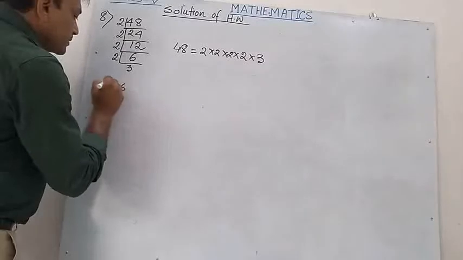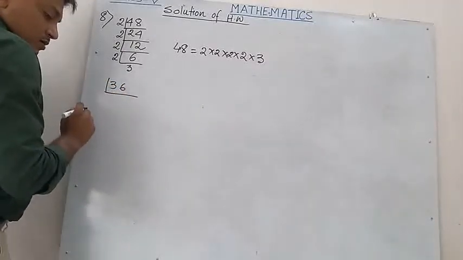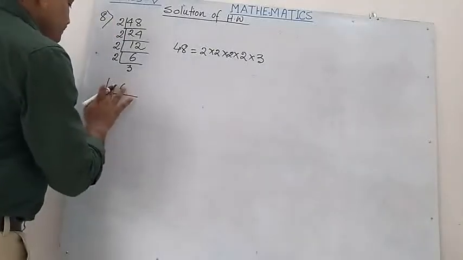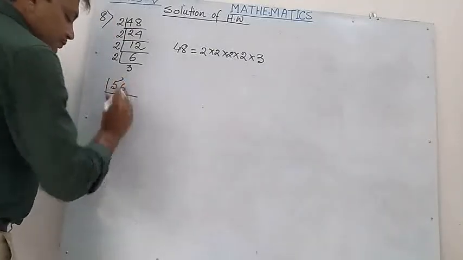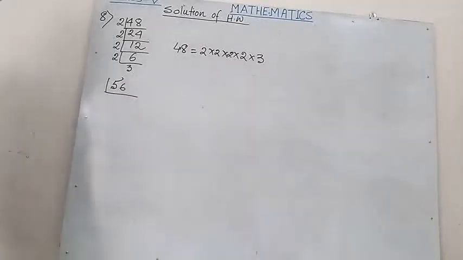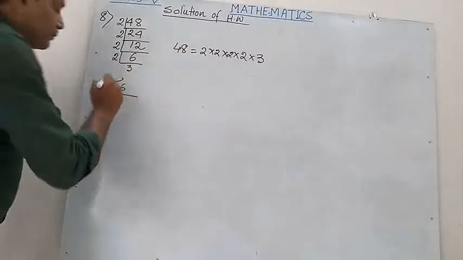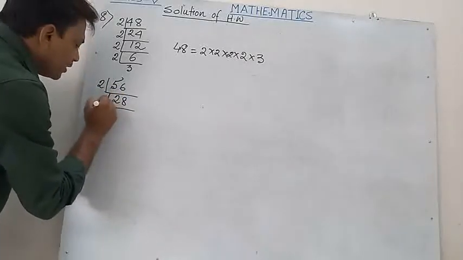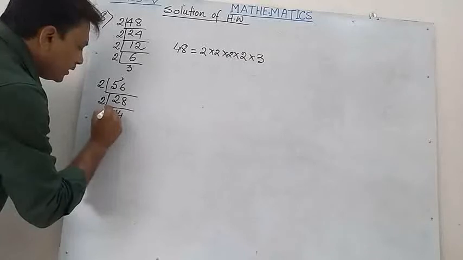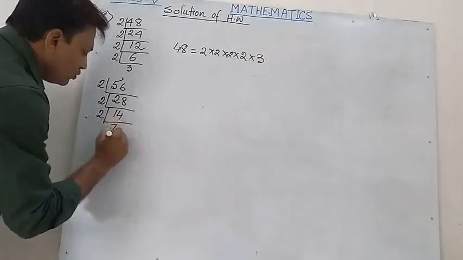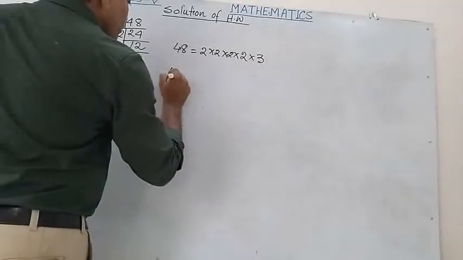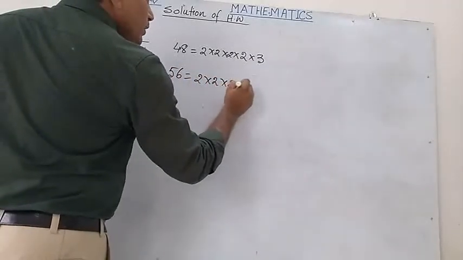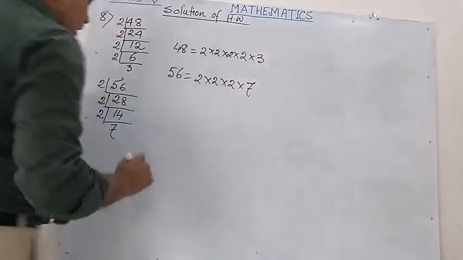Now 56. 56 divided by 2, 28 divided by 2, 14 divided by 2, 7. So 56 can be written as 2 into 2 into 2 into 7.